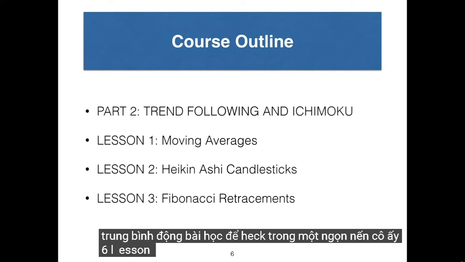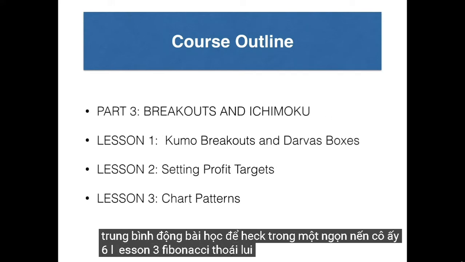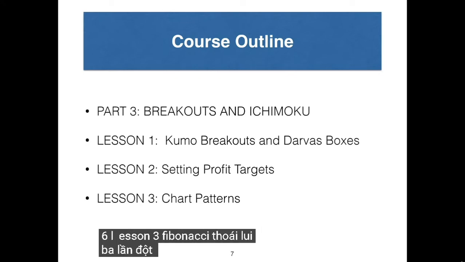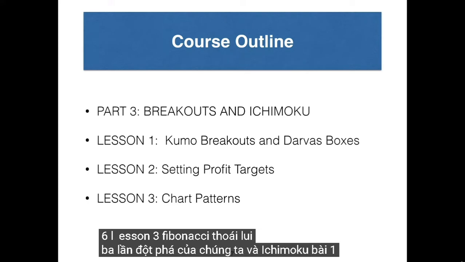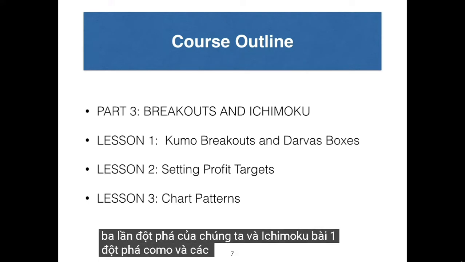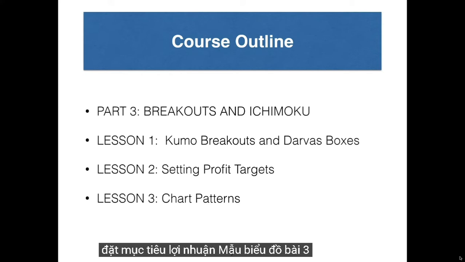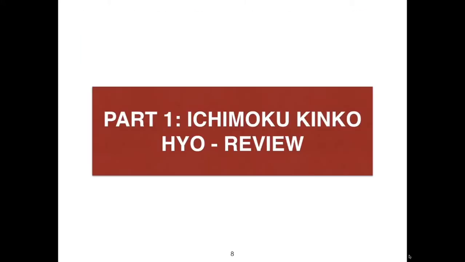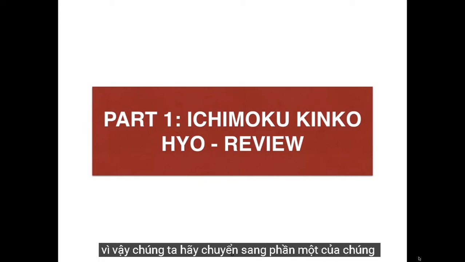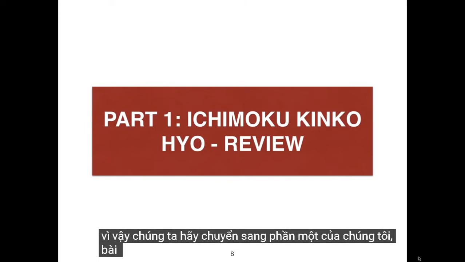Lesson 3, Fibonacci Retracements. Part 3, Breakouts and Ichimoku. Lesson 1, Kumo Breakouts and Darvas Boxes. Lesson 2, Setting Profit Targets. Lesson 3, Chart Patterns. So let's go to our Part 1, Ichimoku Kinko-Hayo Review.